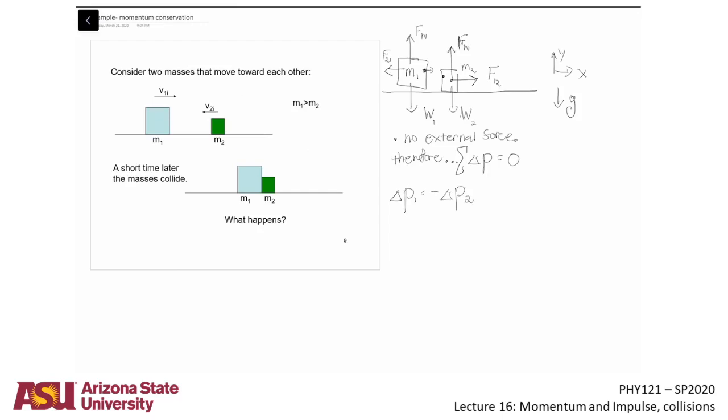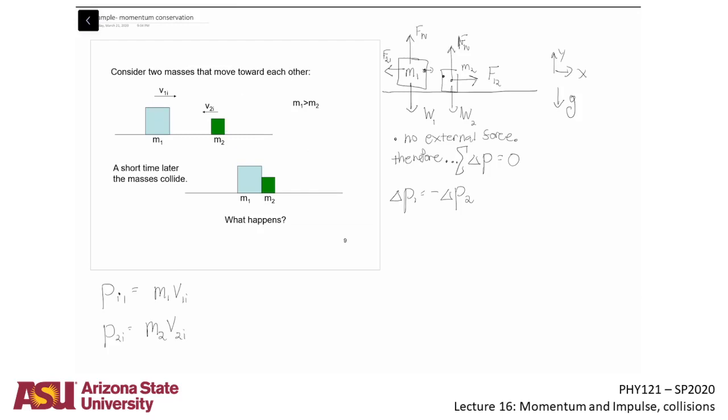Okay? So next we need to calculate the initial and final momentum in this particular case. So the initial momenta are P1I equal to M1 V1I, and P2I equal to M2 V2I.